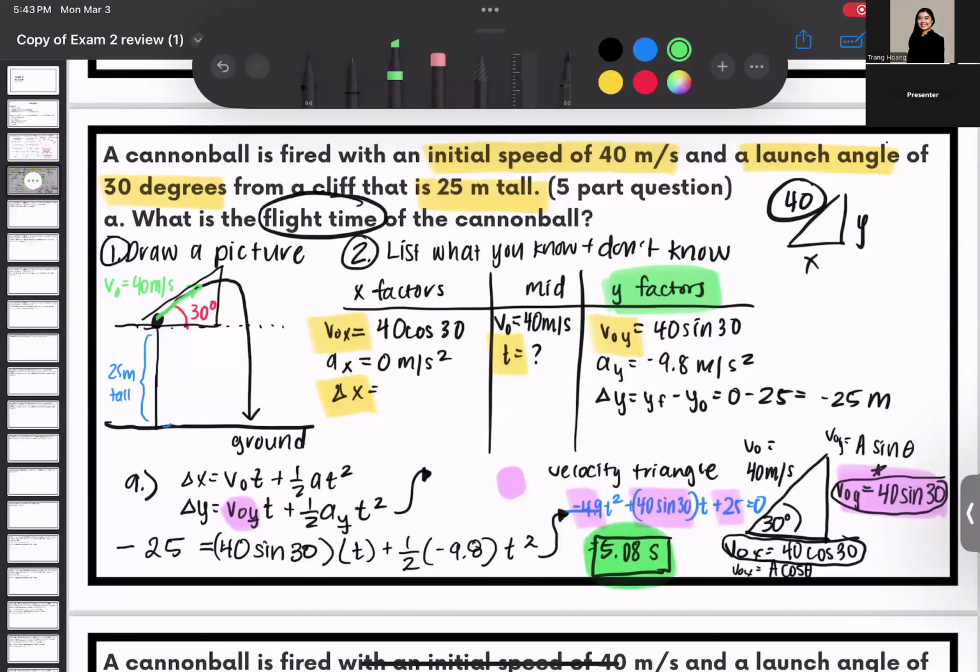I'm doing yellow. So I'm going to update my table now because I know it's 5.08 seconds.